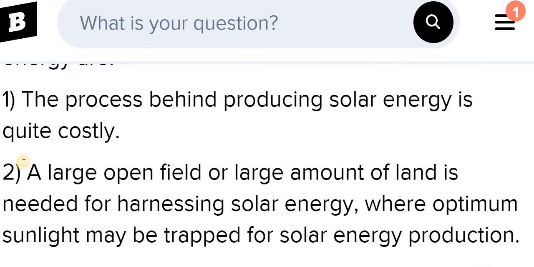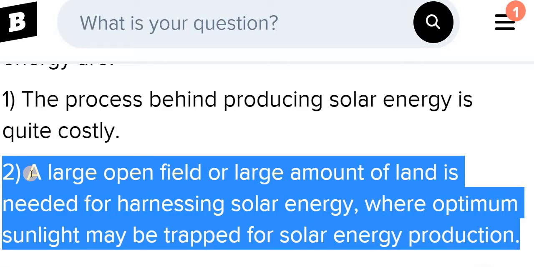The second limitation of solar energy is that a large open field or a large amount of land is needed for harnessing solar energy, where optimum sunlight may be trapped for solar energy production. To harness more energy requires a large open field and a large amount of land, so we can get the optimum sunlight.